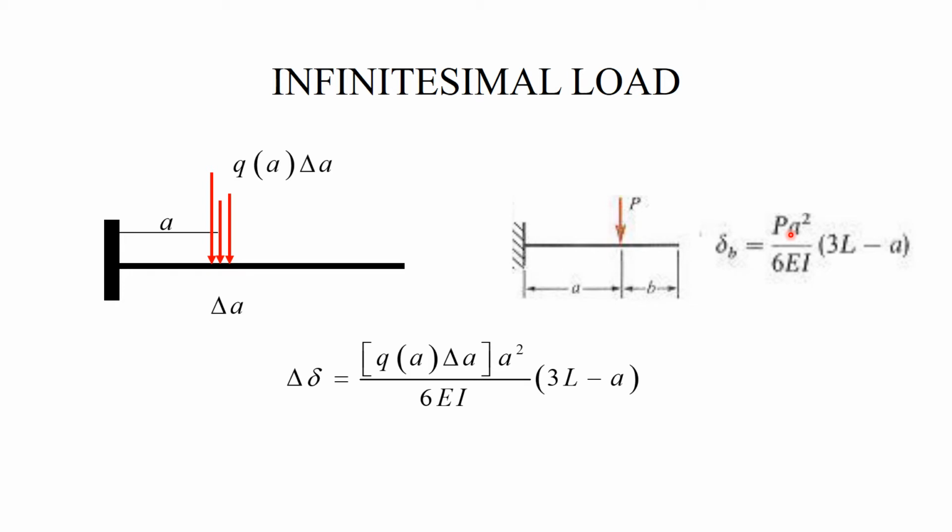So what we have here is the displacement of the tip, which I denote delta with subscript B, induced by the elementary load q of a times delta a. The reason I use a here is because a appears in the table, and so I can rewrite this expression that singles out q of a times delta a at the end, and whatever is left comes in the front.